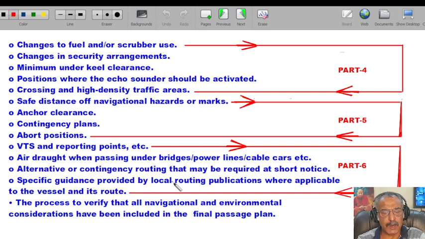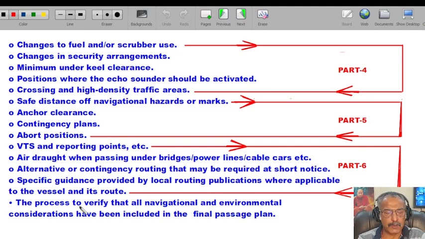Specific guidelines provided by the local routing publications where applicable to the vessel and its route. So part 6 will be all about that, and just to do justice to each and every part, that is the reason I divided. Number 1, not to overload you. Number 2, to explain at length in a very narrative manner and do justice to the subject matter from my side.